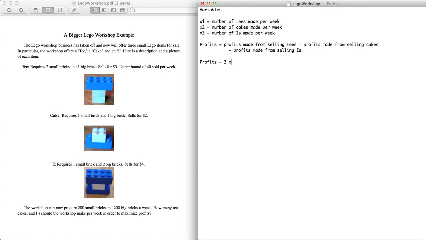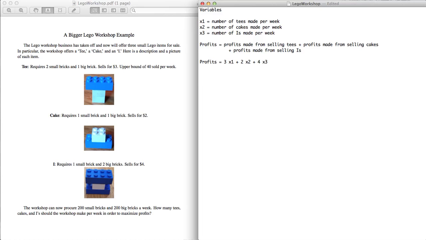So it's 3x1, plus the profits made from selling cakes. I make $2 per cake, so 2x2, and then plus the profits made from selling I's, so 4x3 is the profits made from selling I's. So now I have a nice mathematical expression of profits in terms of my decision variables.